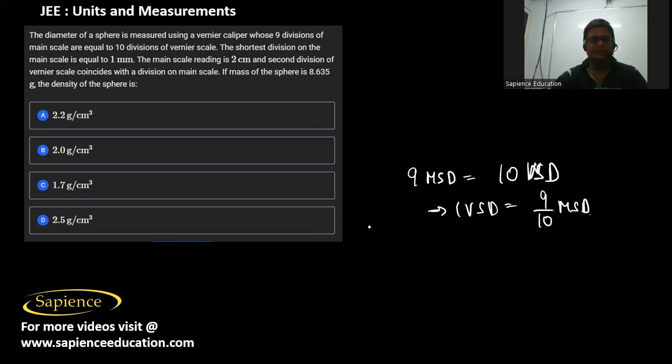The shortest division on the main scale is equal to 1 millimeter. The main scale reading is 2 centimeter, and the second division of vernier scale coincides with a division on main scale. If the mass of the sphere is 8.635 gram, the density of the sphere is?